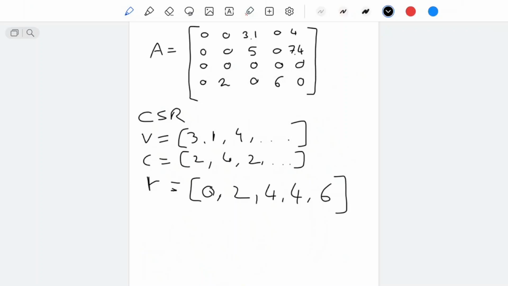R vector has, in fact, 4 plus 1 elements because our number of rows is 4.